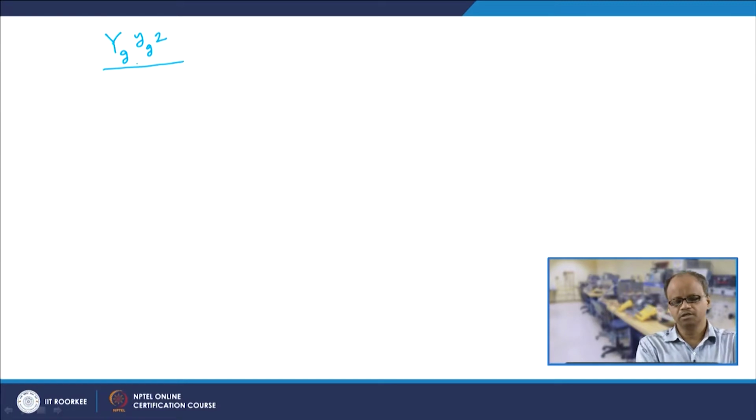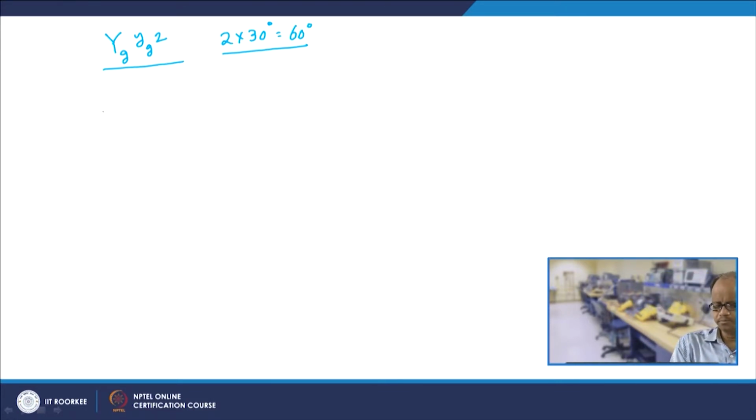Here in this case also the primary side is connected in star grounded and the secondary side is connected in star grounded, but now there is a phase difference between the phase A voltage of the primary side and the phase A voltage of the secondary side, which is equal to 2 into 30 degree, that is equal to 60 degree.